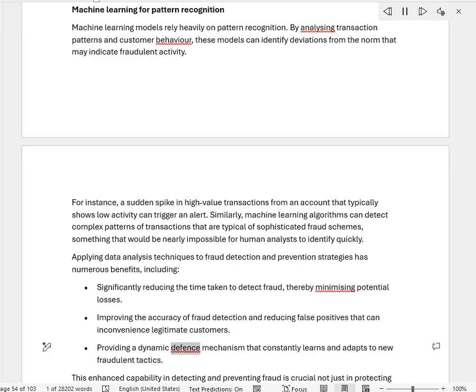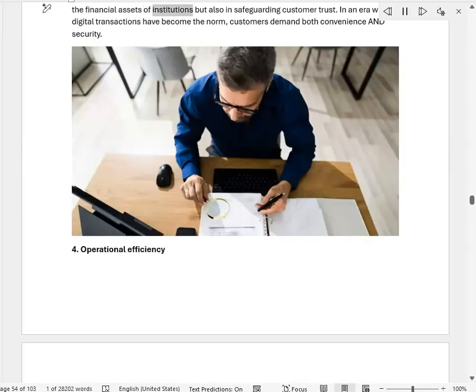Providing a dynamic defense mechanism that constantly learns and adapts to new fraudulent tactics. This enhanced capability in detecting and preventing fraud is crucial not just in protecting the financial assets of institutions but also in safeguarding customer trust. In an era where digital transactions have become the norm, customers demand both convenience and security.